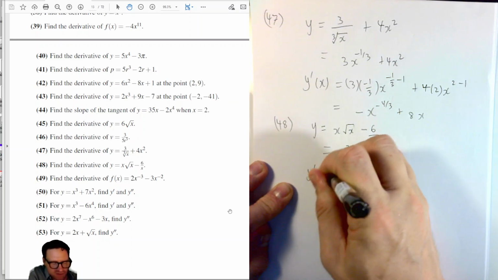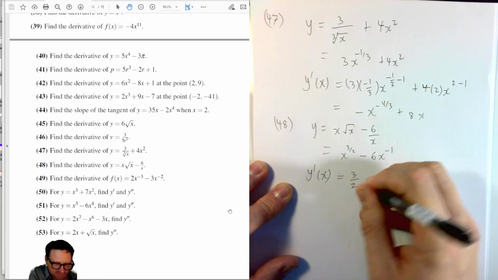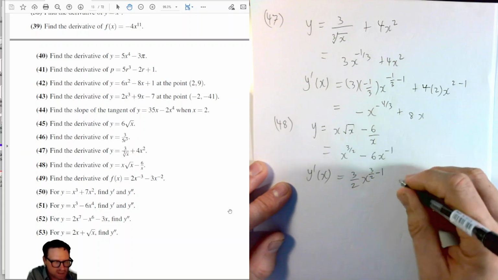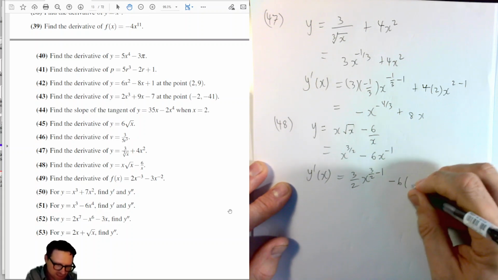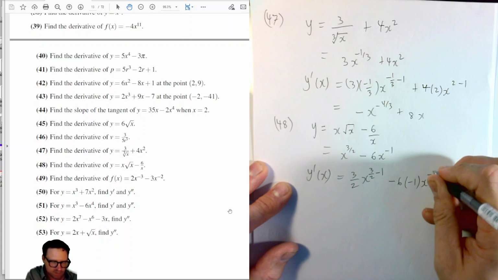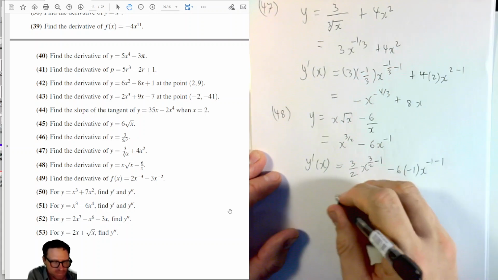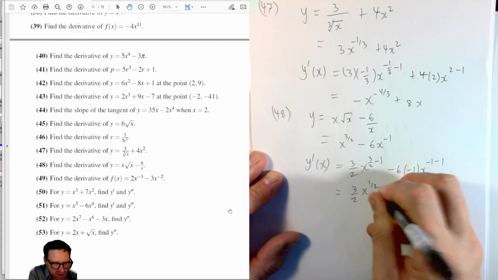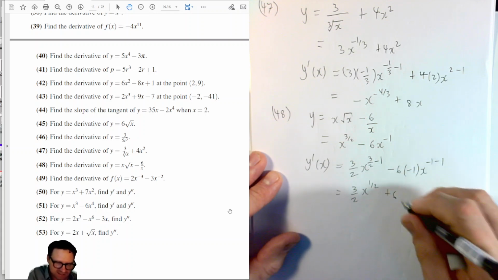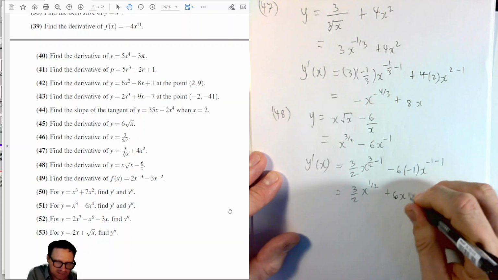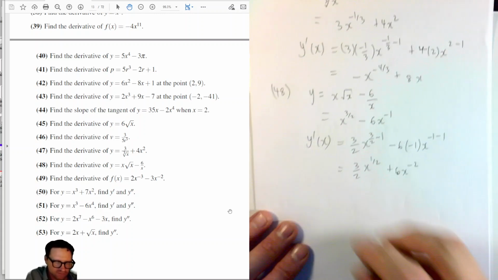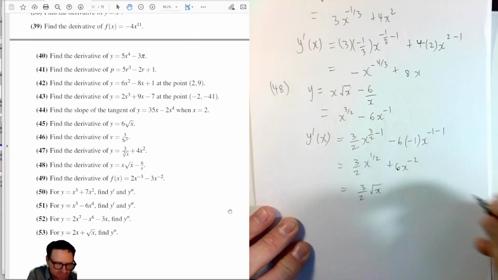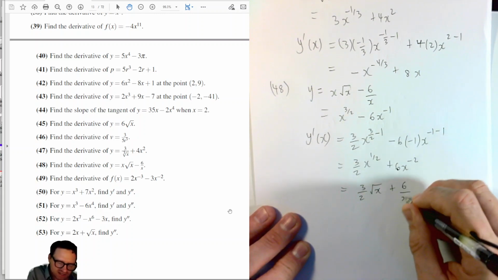So y dash of x is equal to 3 halves x to the power of 3 over 2 minus 1. Then minus 6 times minus 1, x to the power of minus 1 minus 1. So we have 3 halves x to the power of 1/2 plus 6x to the minus 2. And if you want to, you can write this as 3 halves root x plus 6 over x squared.